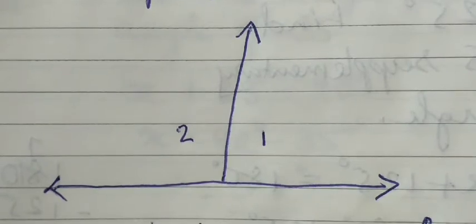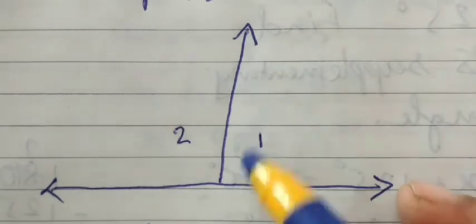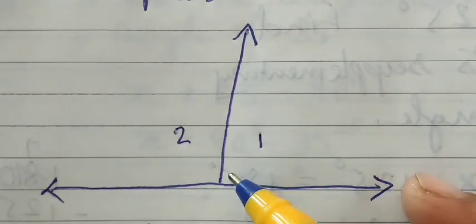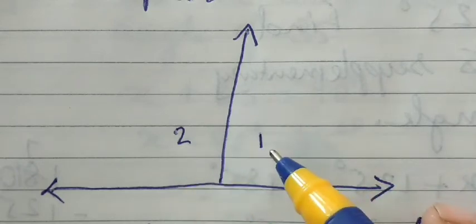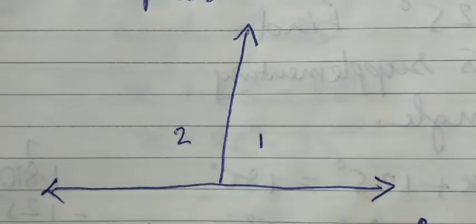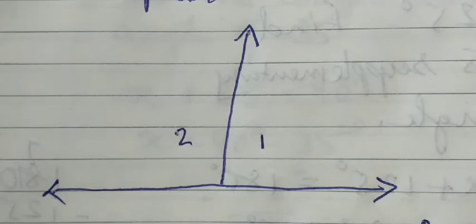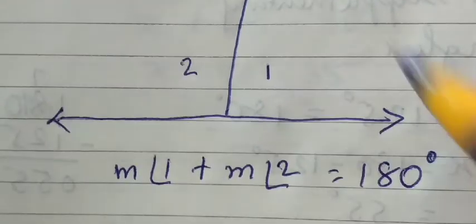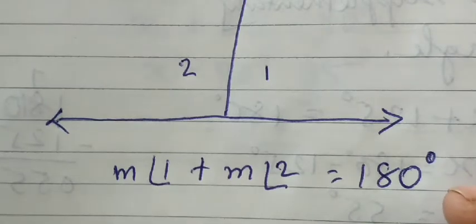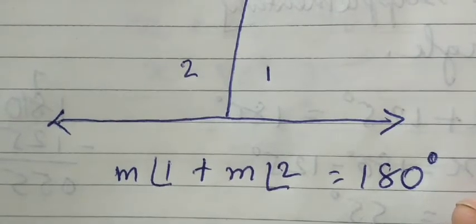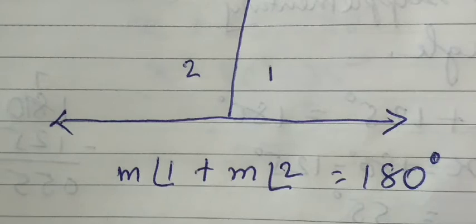Both the angles have a common arm, and they are adjacent to each other. And so when you add these two angles and we get 180 degree, then they are considered to be a pair of linear angles. They are called linear pair.